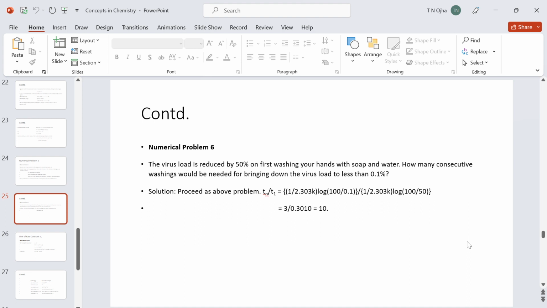How many consecutive washings should be required to bring down the virus load to less than 0.1%? The same problem which we solved just now is given, and we can show that if first washing removes the virus by 50%, we require at least 10 washings to remove the virus almost completely. So this is a very useful concept.